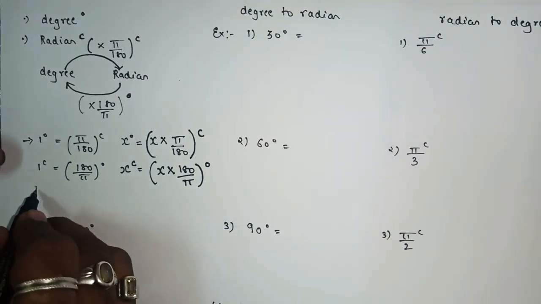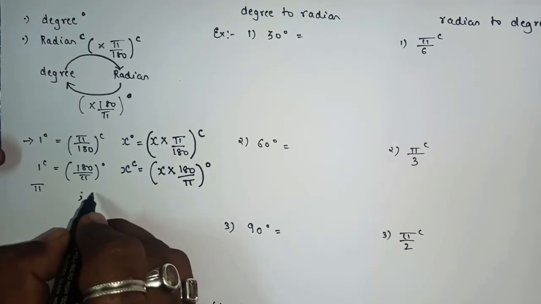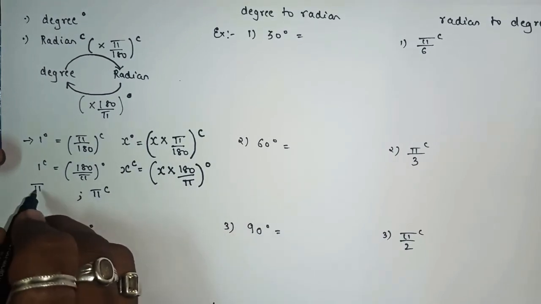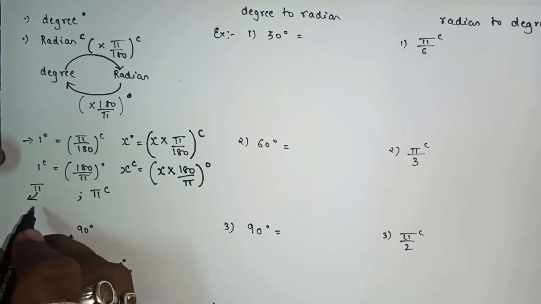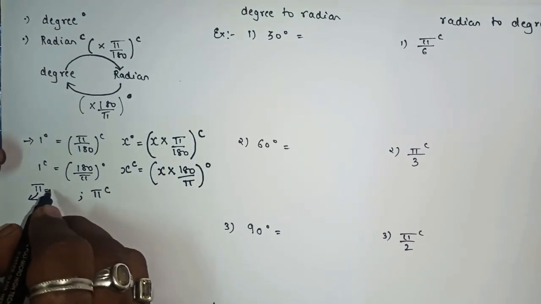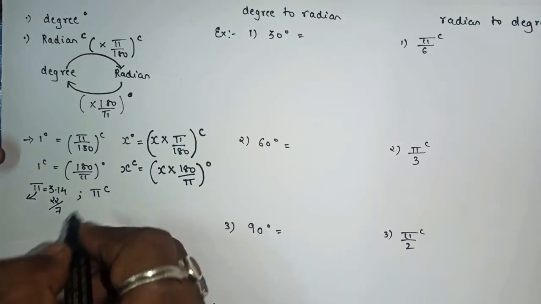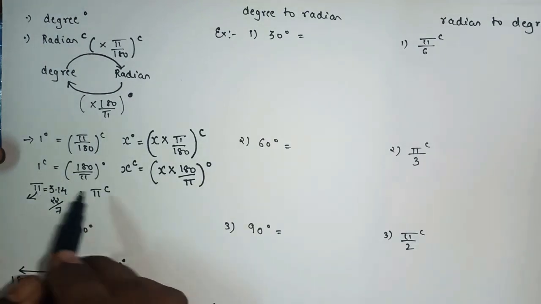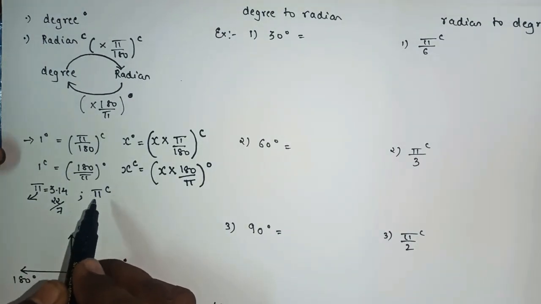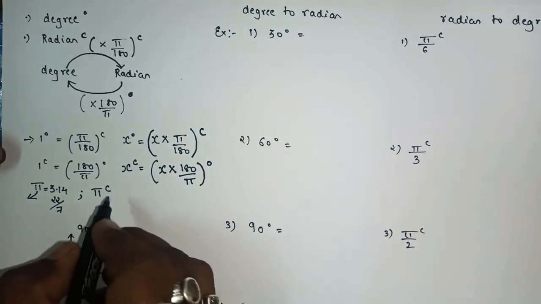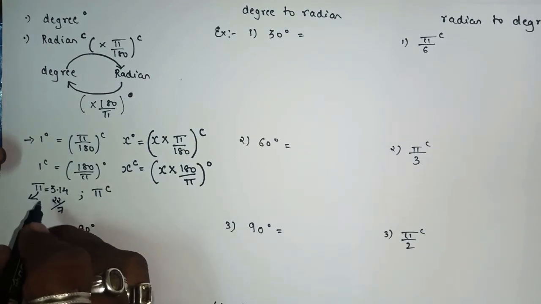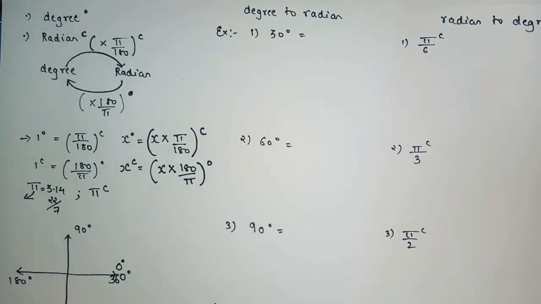Okay, now remember, there is a huge difference between pi radian and pi. This pi is what? The value, the constant, 3.14, or 22 upon 7. This pi radian is different. There is a huge difference between pi and pi raised to c. Pi raised to c is in radian, and this pi is the constant.